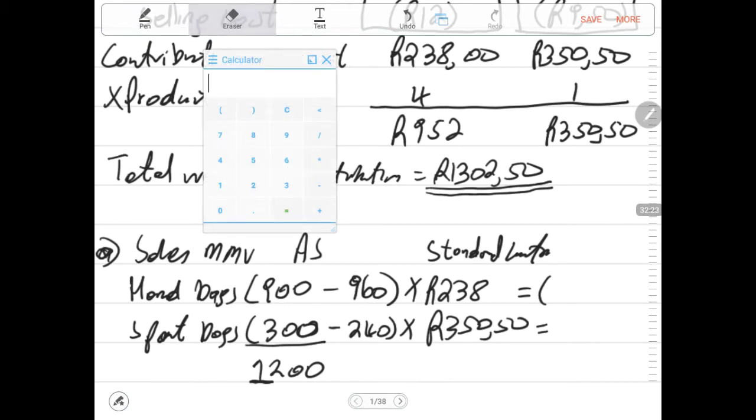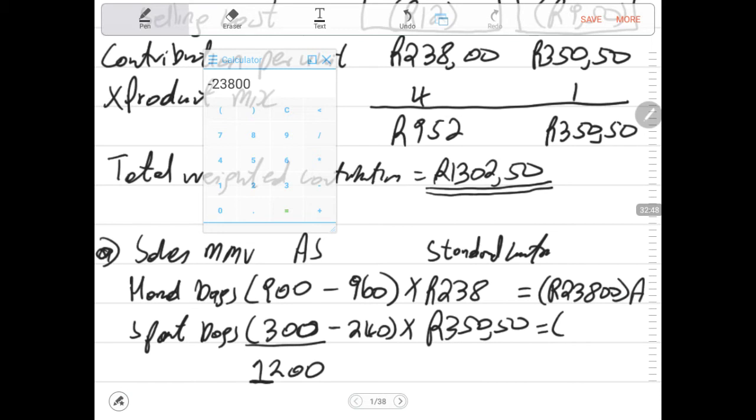So we continue and say 900 minus 1,000, multiply this by 238. 23,800 is our variance, which is an unfavorable, adverse variance.